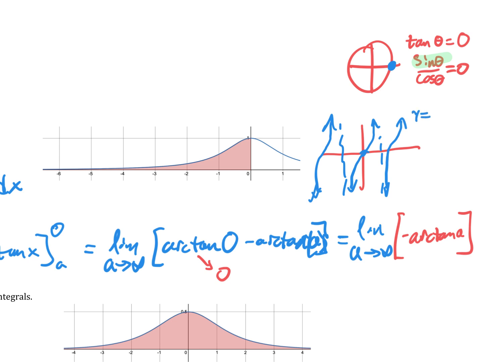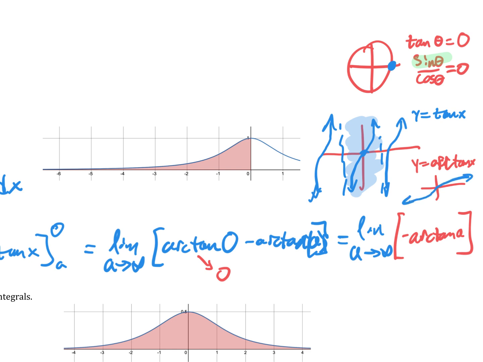So here's the function y equals tangent of x. With the arctan function, if we take this middle part, we have to limit the range. So if we take y equals arctan, we get this graph, which looks like this.